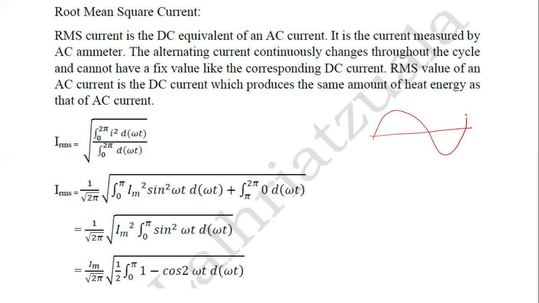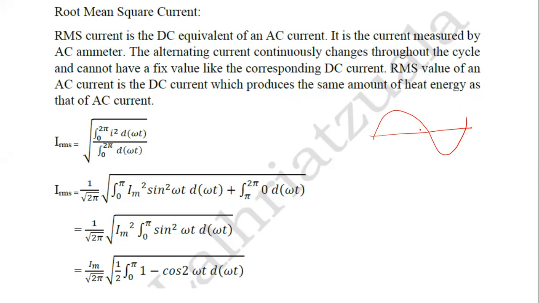If you put a voltmeter, since the current direction gets reversed within a very small fraction of a second, your normal voltmeter will not be able to read such voltage. You cannot really get a reading out of your voltmeter.